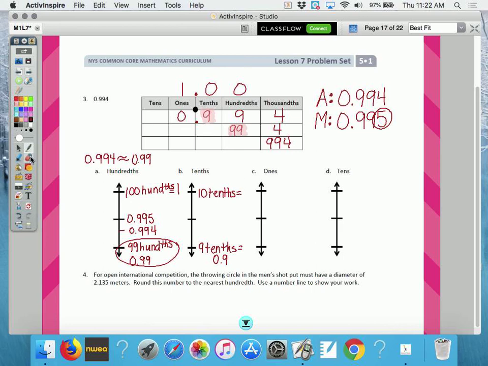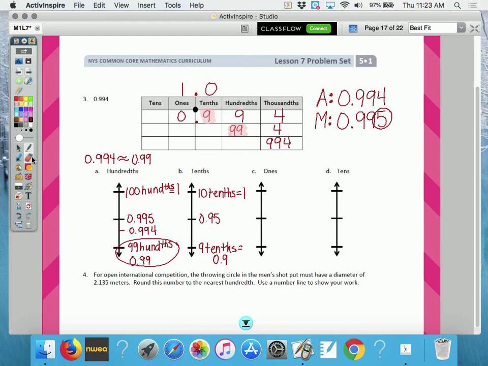Now, all I have to do to figure out 10 tenths is put the 0 in the tenths place. And so it's the same thing, isn't it? Yep. It's a 1. Okay? So halfway between 9 tenths and 1, 0.95. You guys are great. Very good. Okay?